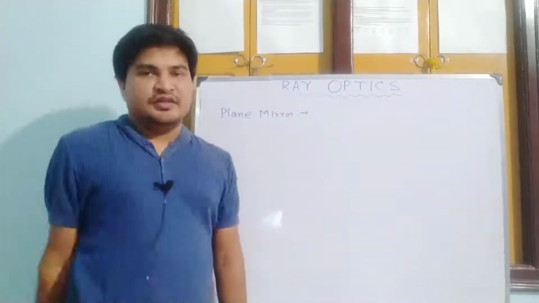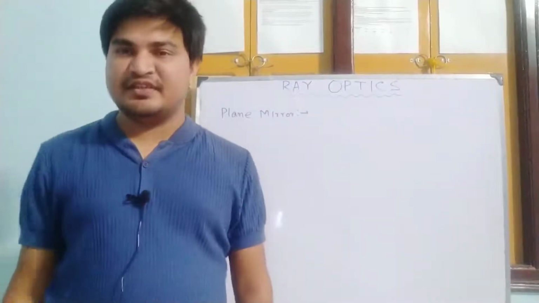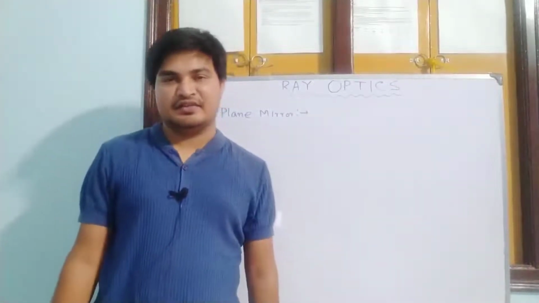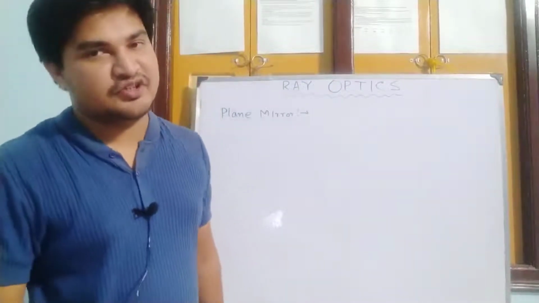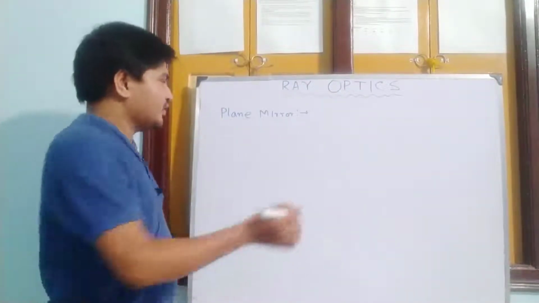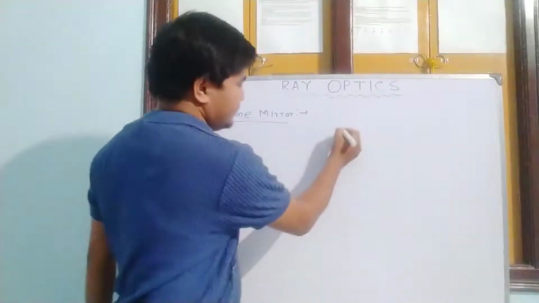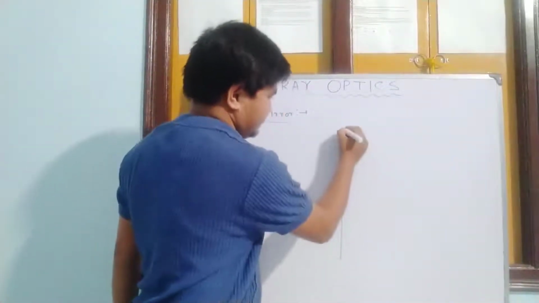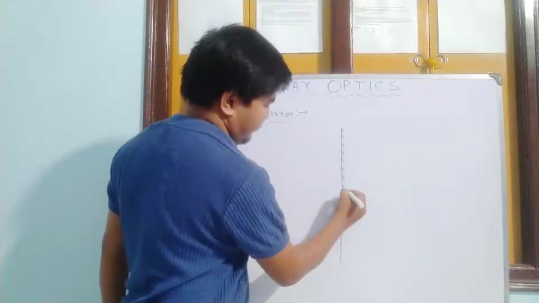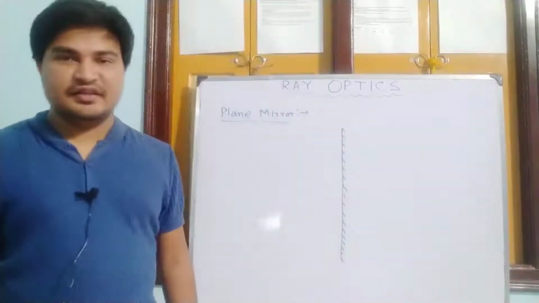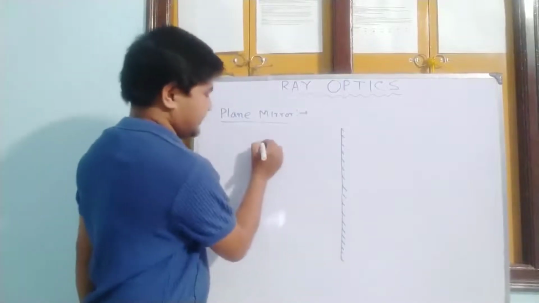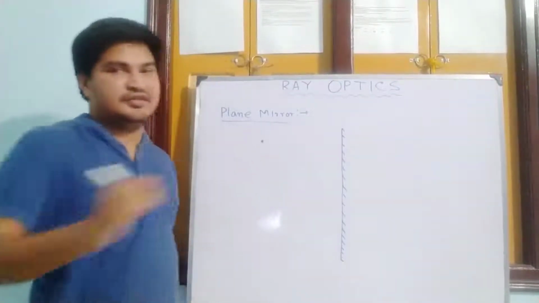Okay, so a plane mirror is a type of mirror that has a flat reflecting surface which produces a virtual and erect image of a real object. So let us consider it as a plane mirror, and here a point object is placed.